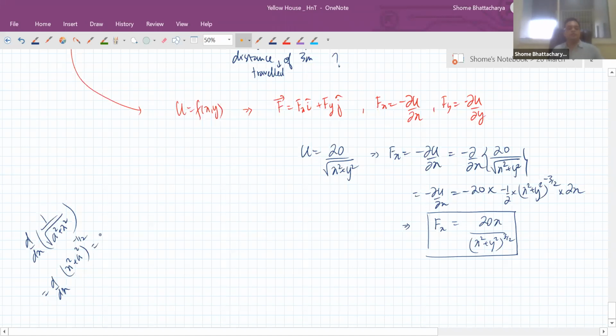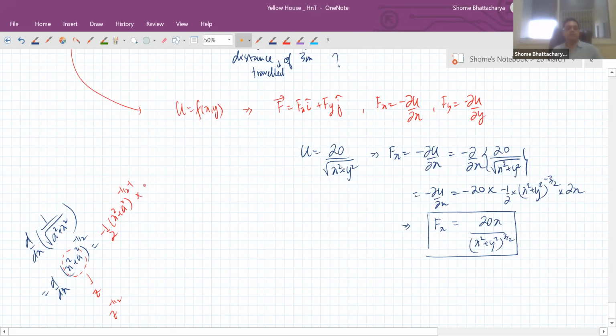So we apply the chain rule. We treat this whole thing like z. So z to the power minus half. Its differentiation is minus half into z, which is x square plus a square to the power minus half minus 1, into differentiation of z with respect to x.